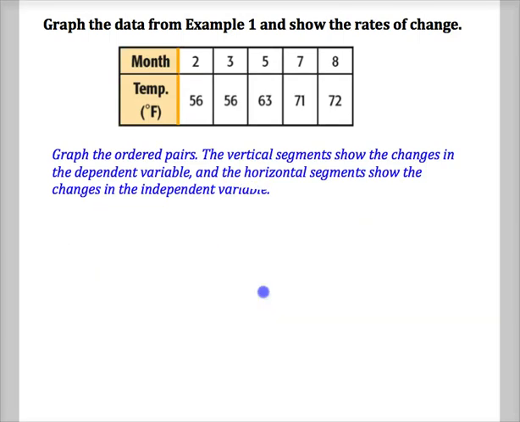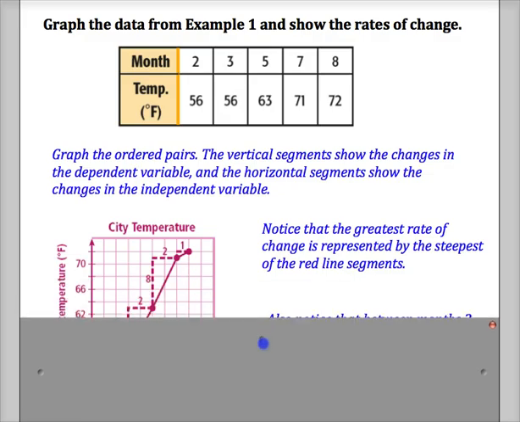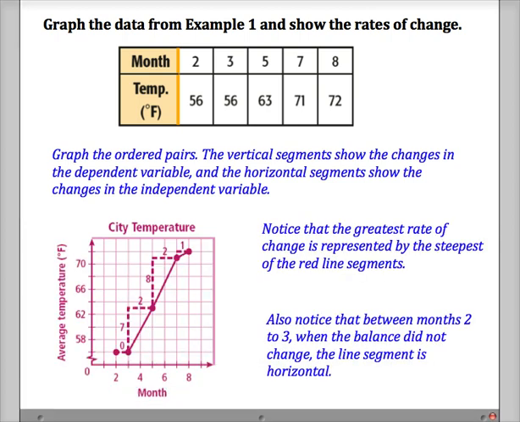So we have our ordered pairs. We can graph our ordered pairs. You see over here we had 2, 56 and again 3, 56, 5, 63, 7, 71, 8, 72. Those are our ordered pairs.